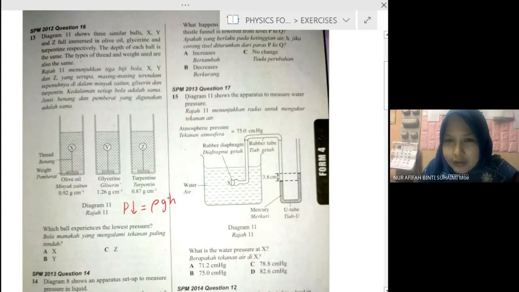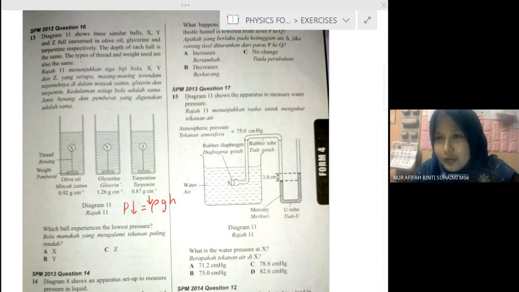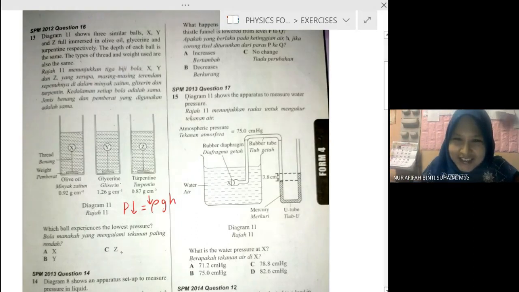So to make the pressure lowest, the density must also be lowest. So which one? Okay, C, good Shamita. Okay, Z. The answer is C.